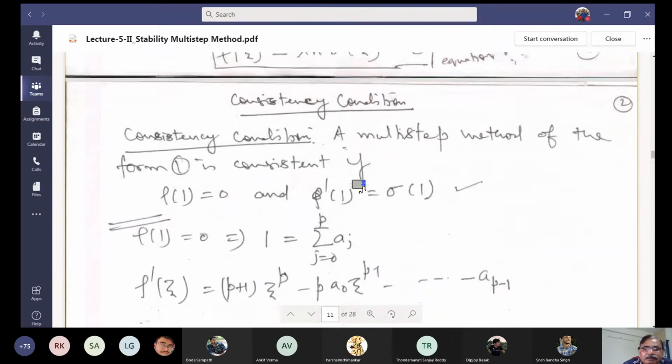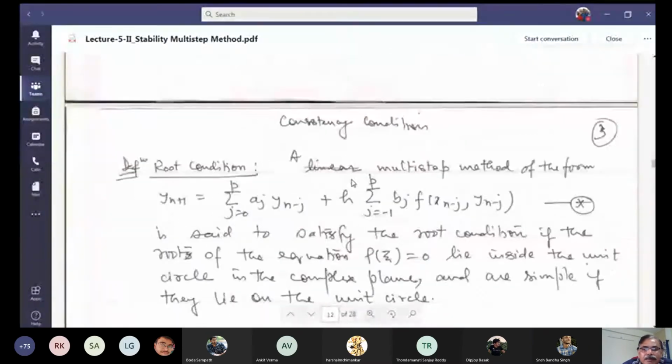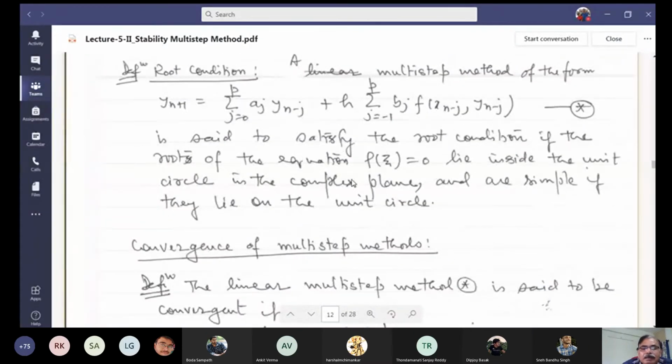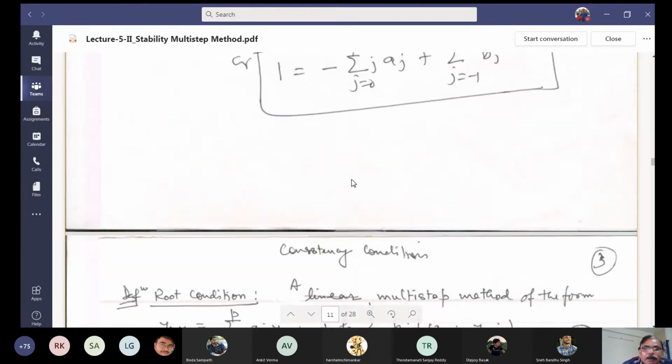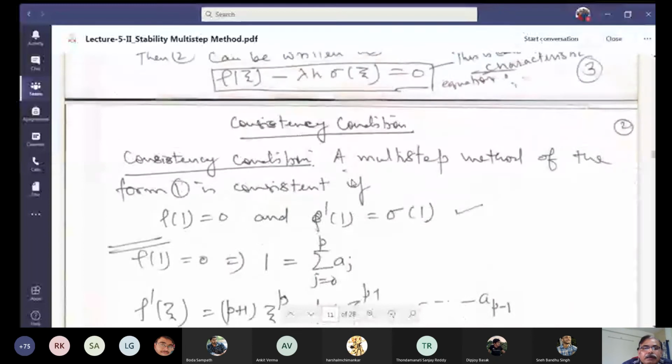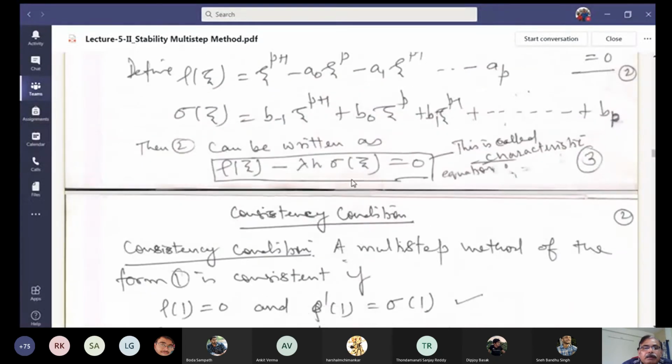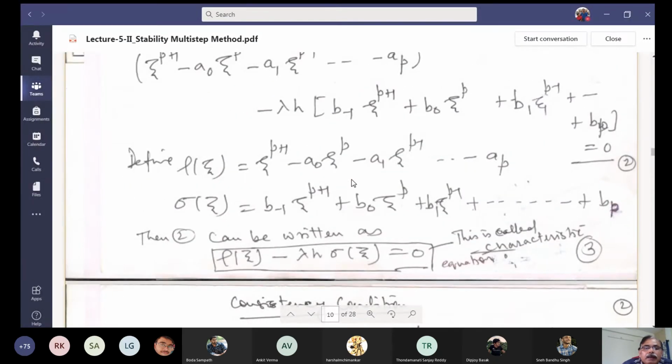So its roots are there, and it depends on your multi-step method. If it was a p plus 1 step method, it is a p plus 1 degree polynomial in xi.